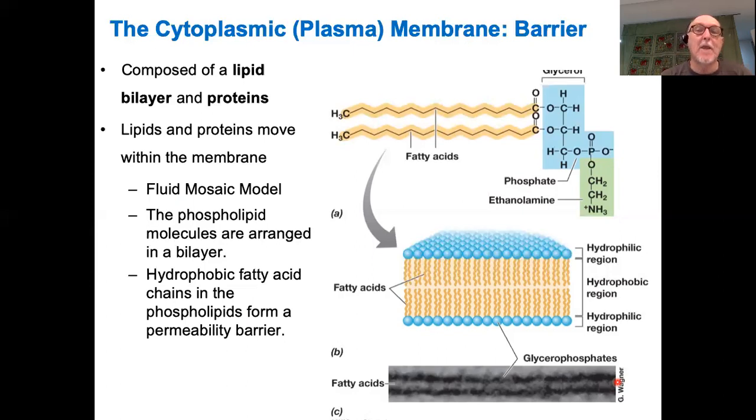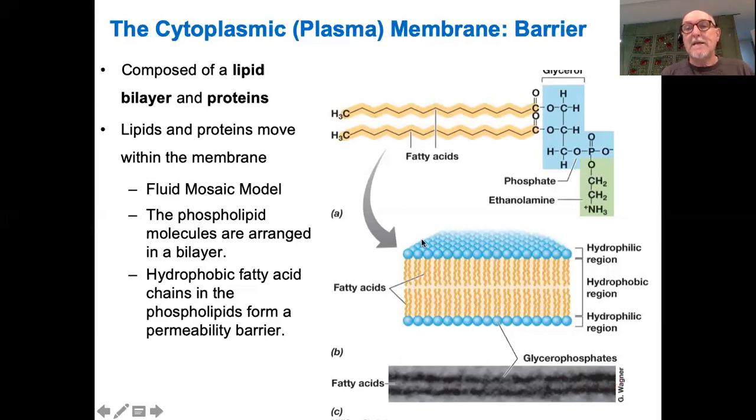And so what happens is that the cell places into that membrane many different proteins with different responsibilities, but their primary responsibility is to govern what goes in and what goes out. So they control the composition of the cytoplasm relative to the composition of the surrounding medium.